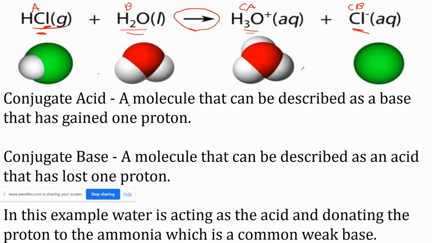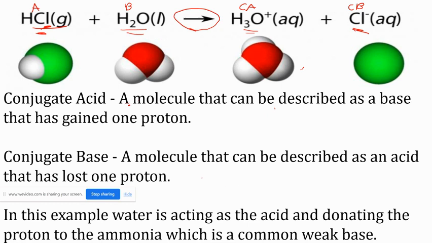You could have a super, super low molarity for your HCl. It would still be a strong acid, but it wouldn't hurt you because it's such a dilute situation. As opposed to vinegar, which is acetic acid. You could have very, very concentrated acetic acid and it would burn holes through your clothes, but it's still considered a weak acid because most of the material is going to stay in the acid form, so it's going to stay on this side of the equation.